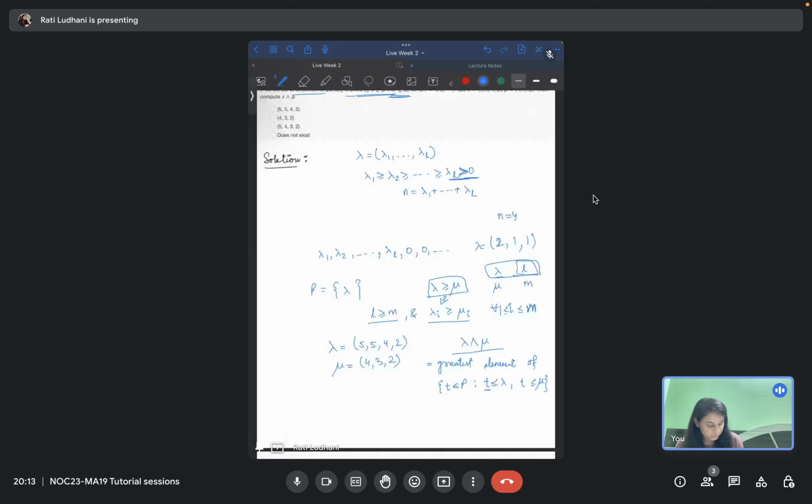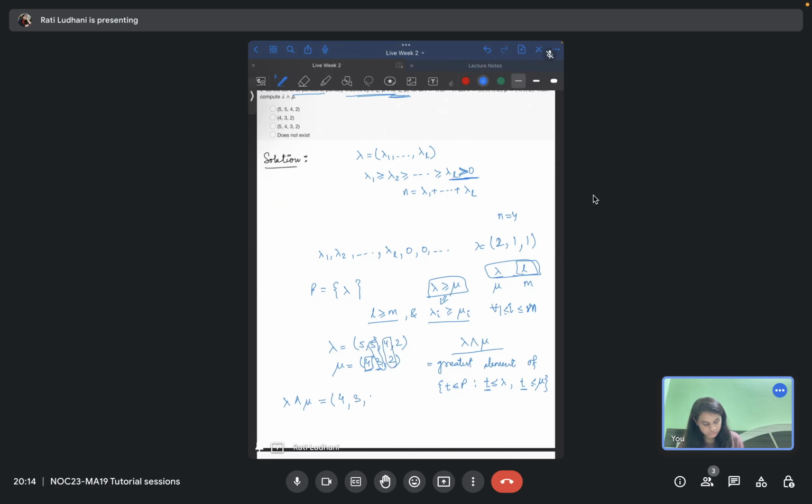Now what are all the t's that can come here which are less than lambda and less than mu? Just pick the lesser values. So lambda meet mu will be what? You take the lesser values, so 4. At the second place you have 3 and 5, you take 3.